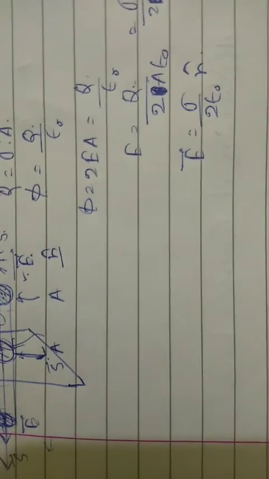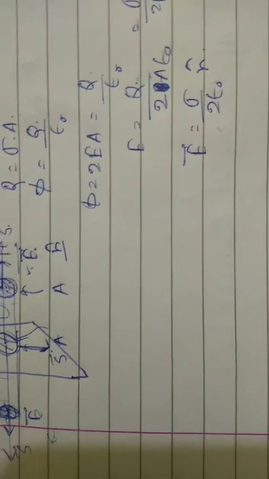Now let us move to the final situation. We are going to find the field due to a uniformly charged thin spherical shell. So consider a thin spherical shell. Now there are 2 points where we have to find the electric field. One is a point outside this shell and another one inside this shell.